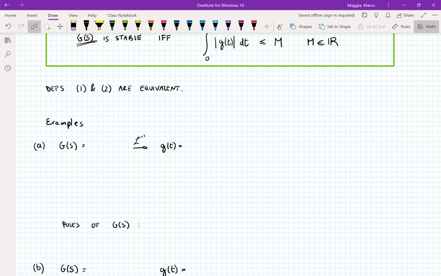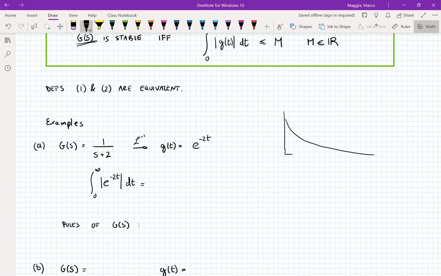So if we had a transfer function of 1 over s plus 2, now let's take the Laplace inverse transform of this. So g of t is equal to e to the power of minus 2t. Let's take the integral from 0 to infinity of e to the minus 2t dt. Since e to the minus 2t is an exponentially decaying function, it's always positive, so we don't really need the absolute value.